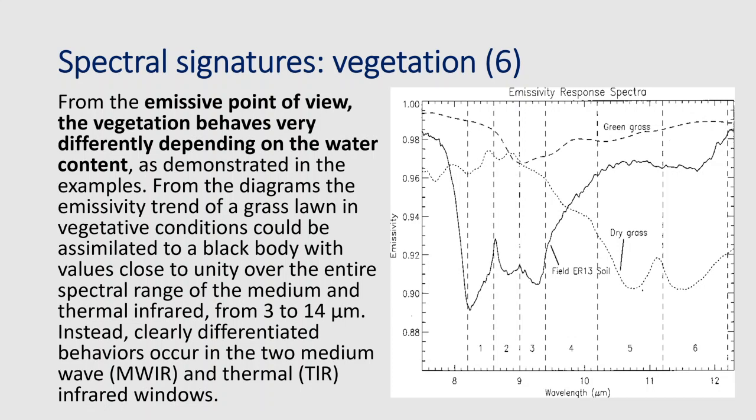So we can distinguish in some way different kinds of species using thermal infrared images, but due especially to the geometric resolution of these images, this kind of distinction between different kinds of vegetation is not so simple.